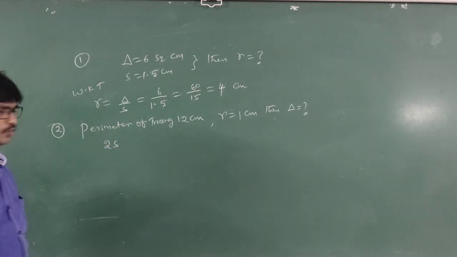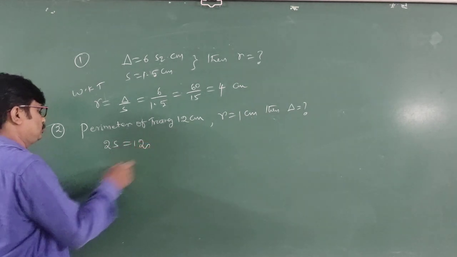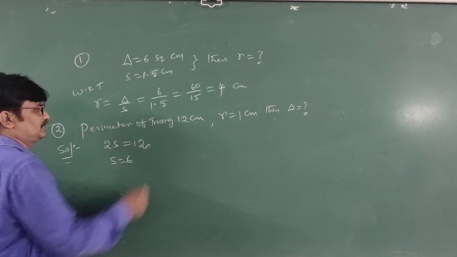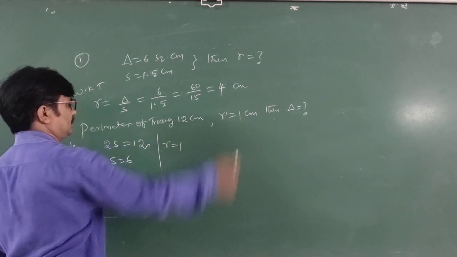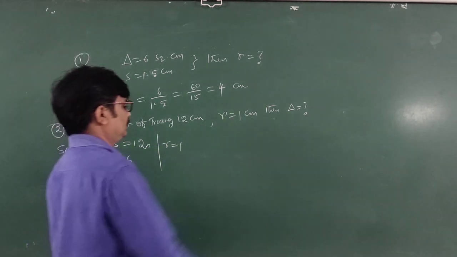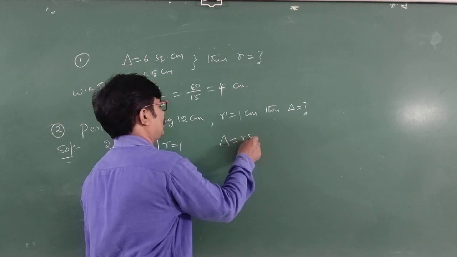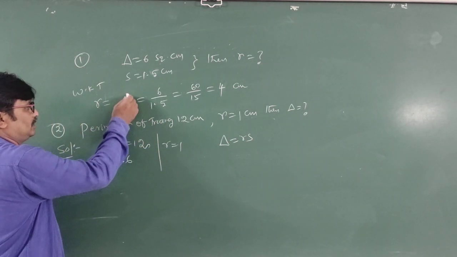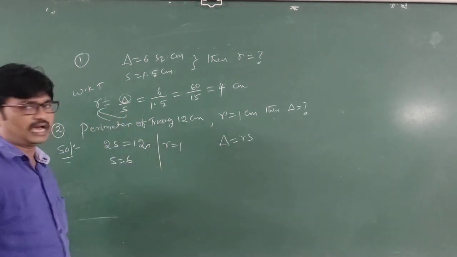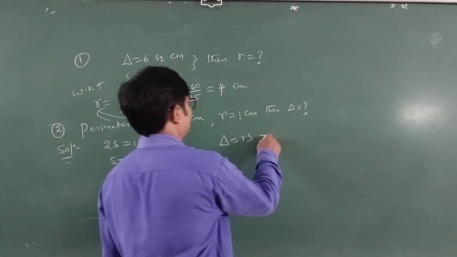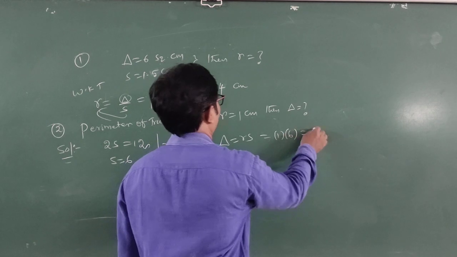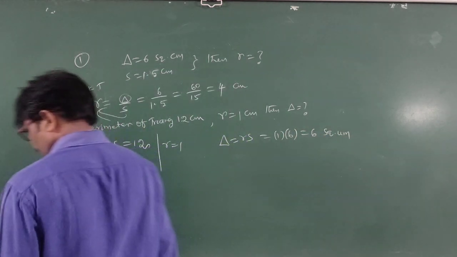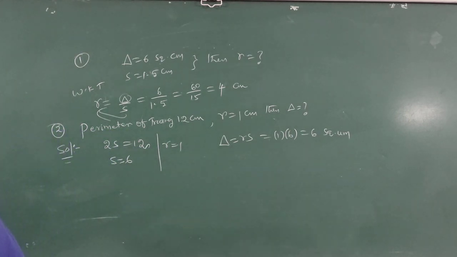Perimeter is nothing but 2s, that is given as 12. So the s value is 6 and one more thing is given: r equals 1. Delta is the form rs. The small r is delta by s, so delta equals rs. r is 1, s is 6, so delta is 6 square centimeters.